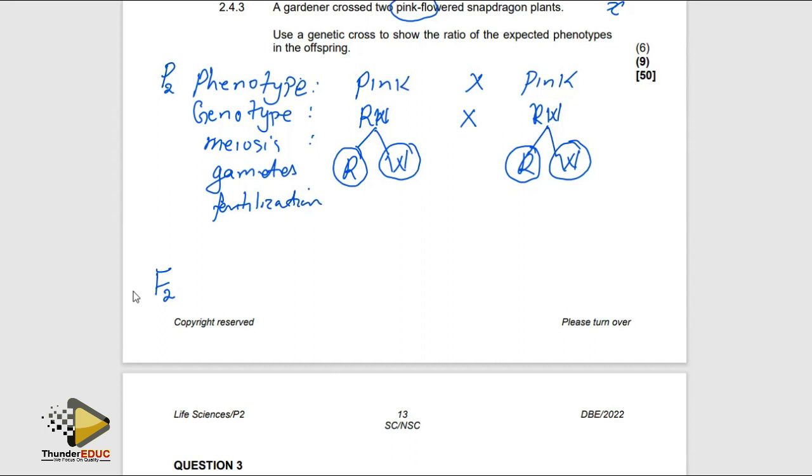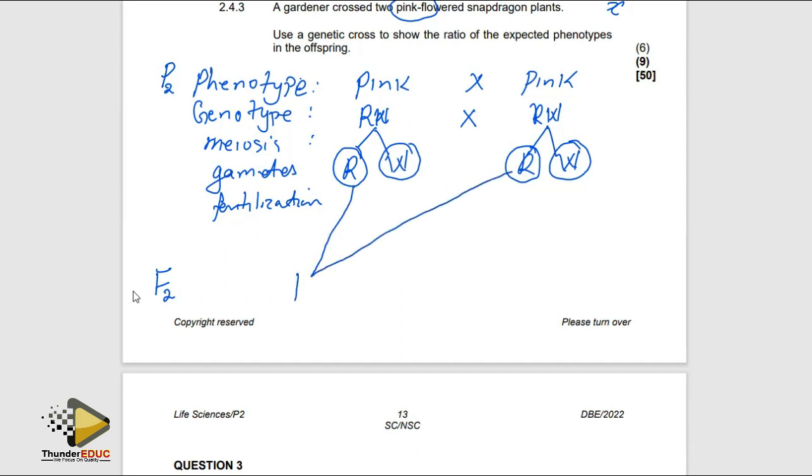When fertilization occurs, you can use a Punnett square, or you can use crosses. Since it is a monohybrid cross, you can use crosses. For example, this goes with that.